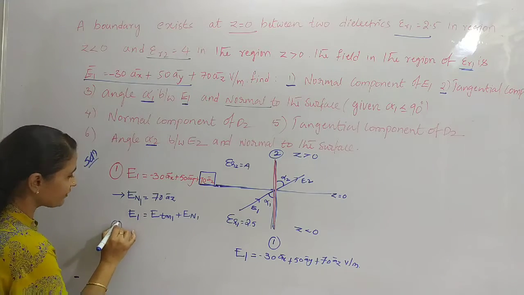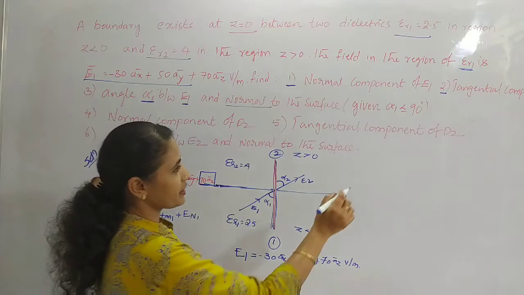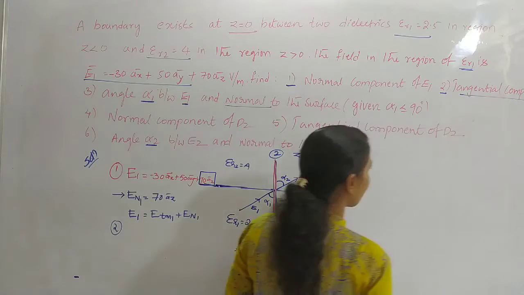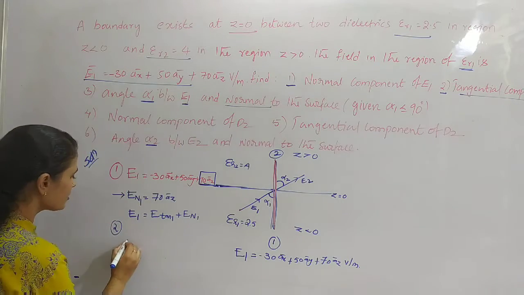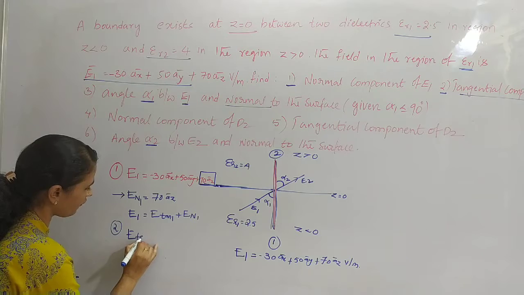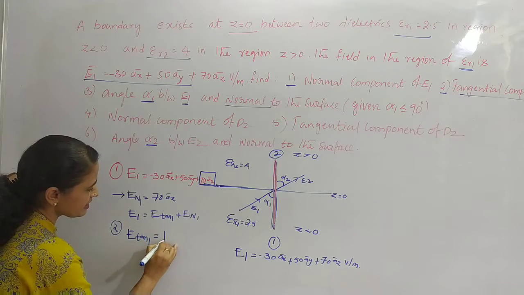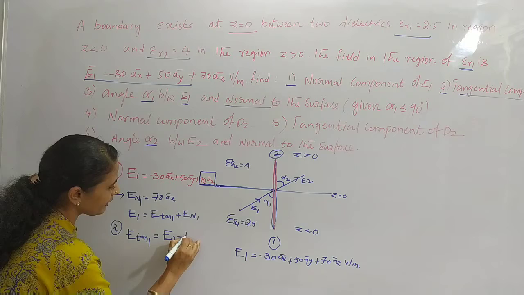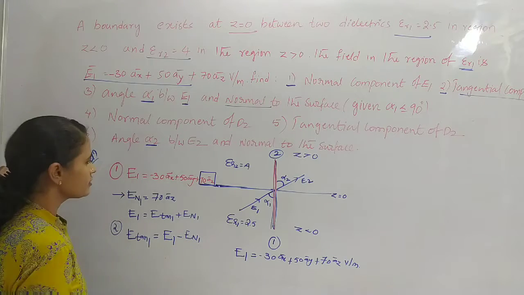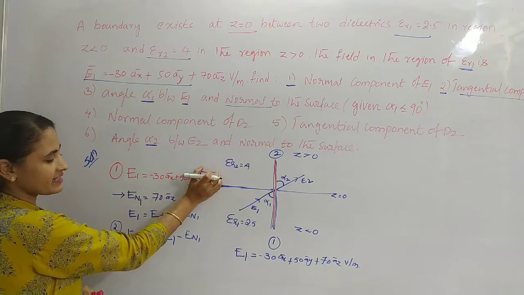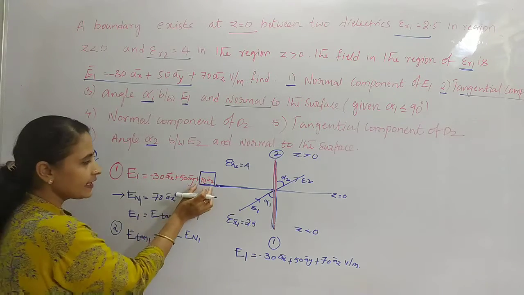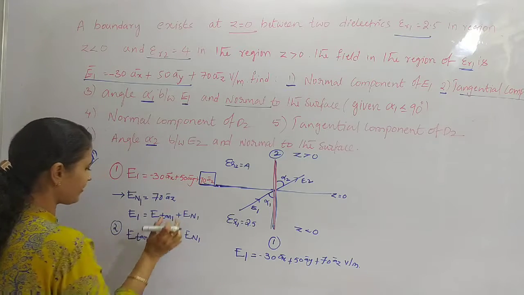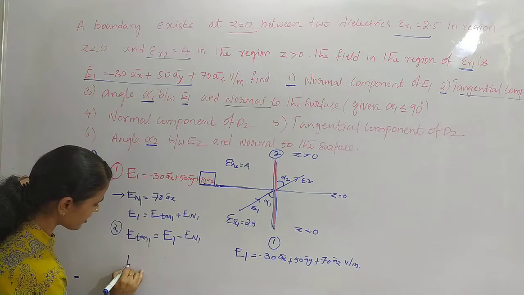In the second part of the question, they ask for the tangential component of E1. It can be obtained by subtracting the normal component EN1 from the whole E1. Whatever is left will be the tangential component.